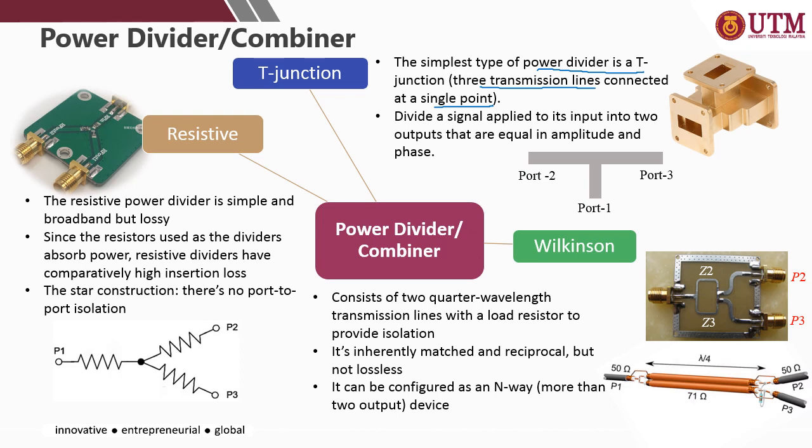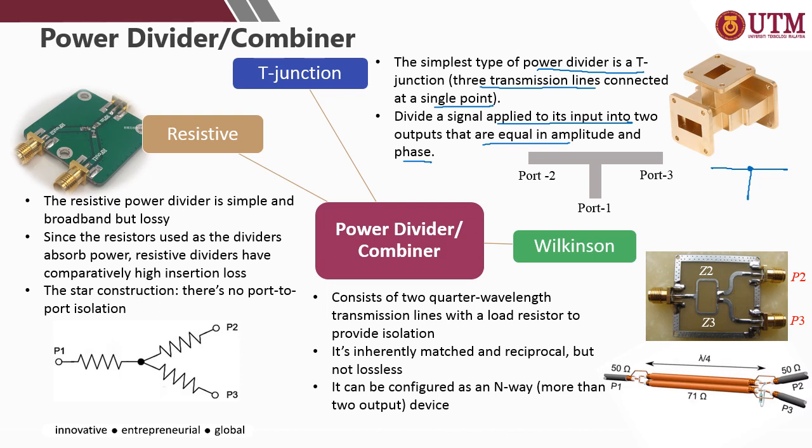Three transmission lines, 1, 2, and 3, connected at one point, and this power divider will divide the supplied input signal into two outputs that are equal in amplitude and phase. But sometimes the power may not be divided equally into port 2 and port 3, depending on the ratio or the requirement of the system.